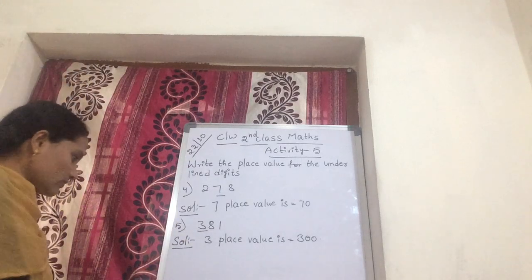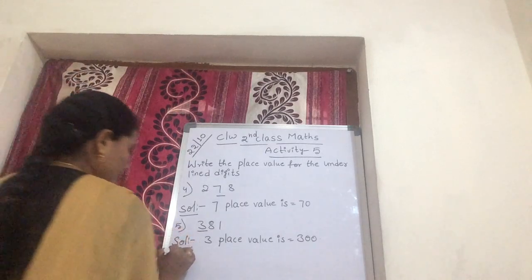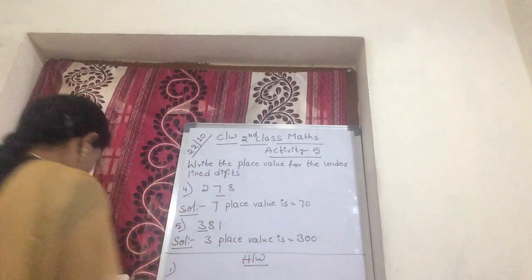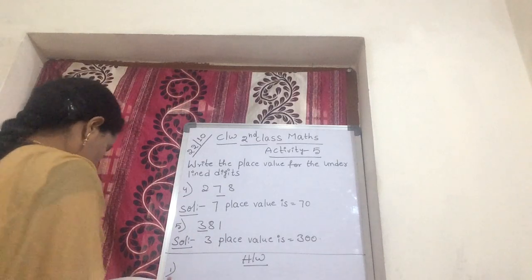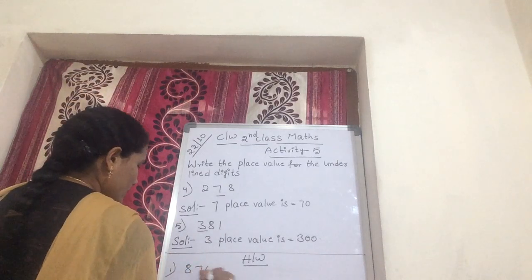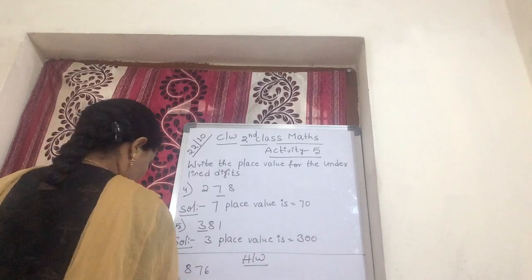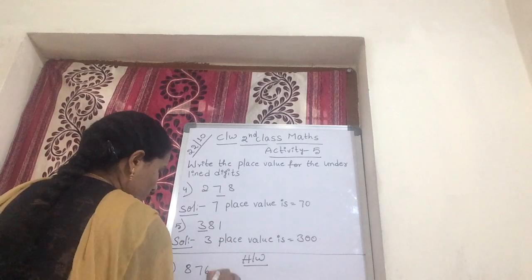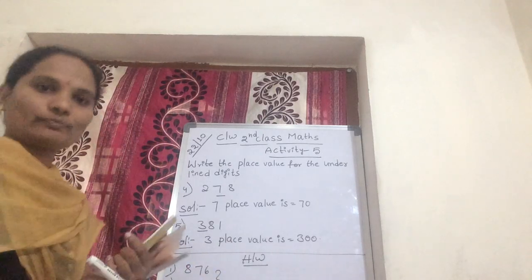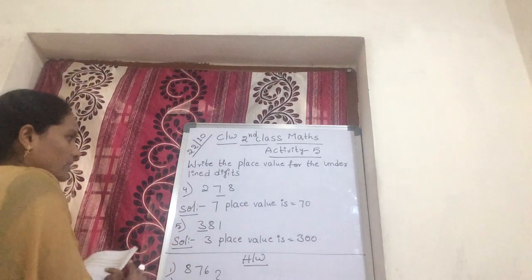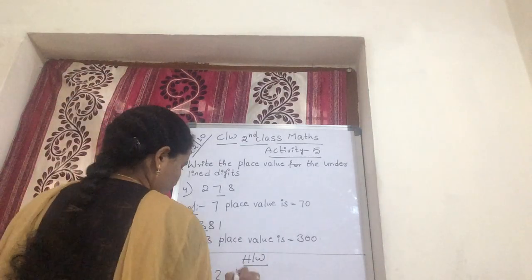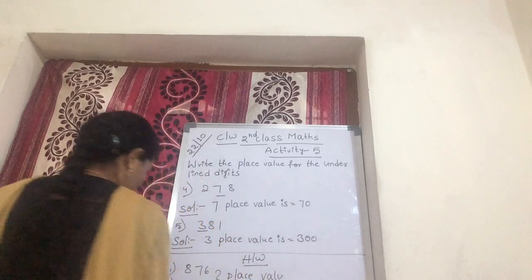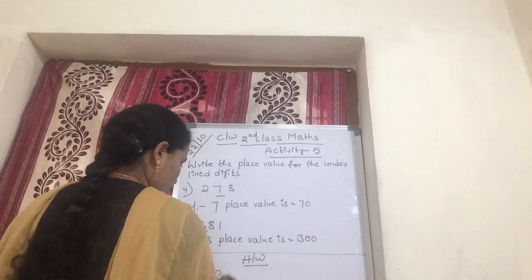I will give homework. What is today's homework? 876 and 123. Write down the place values of both these numbers.